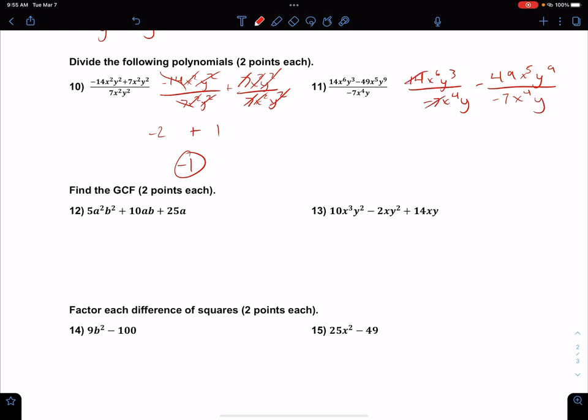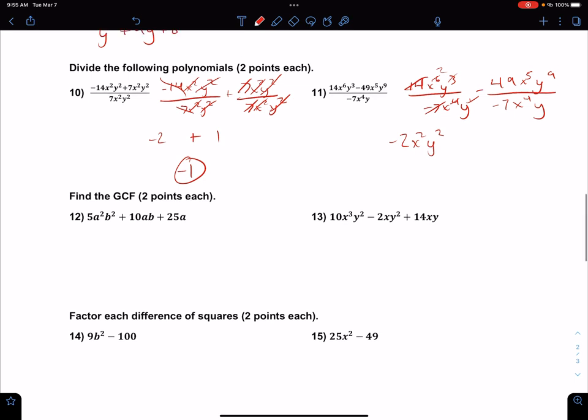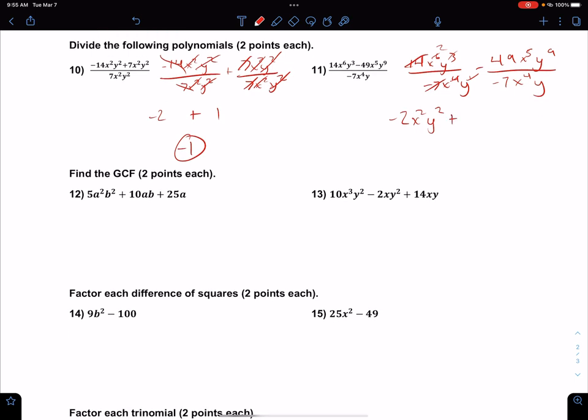Okay, so this cancels out to give me negative 2. 6 minus 4 is 2. Okay, 3 minus 1 is 2. Okay, then negative 49 divided by negative 7 is going to be positive 7. Okay, this cancels out to give me 1x. This cancels out to give me 8y's.